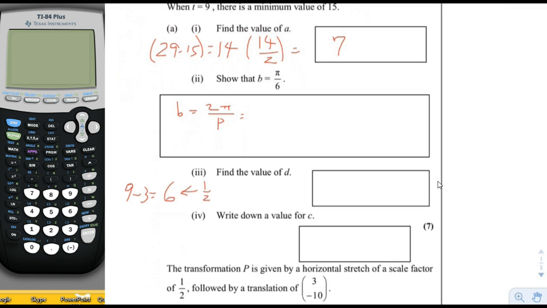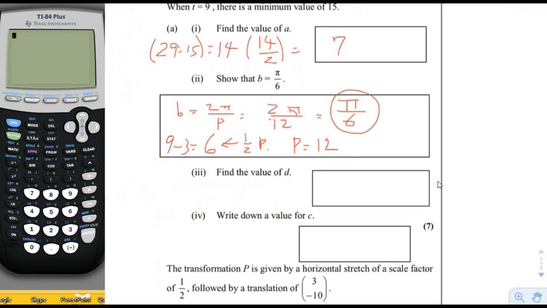So the full period is equal to 12. Okay? And, oops, I'm writing this in the wrong place. Thank goodness for technology. Okay? And so we know that the period is 12, so 2 pi over 12 is equal to pi over 6, and that's our answer for b.